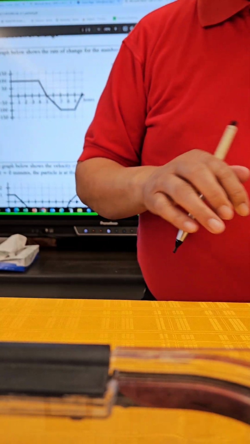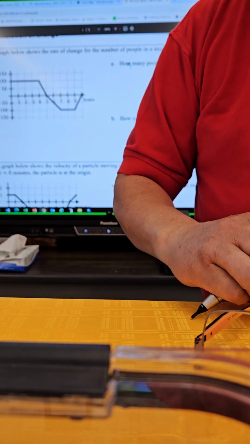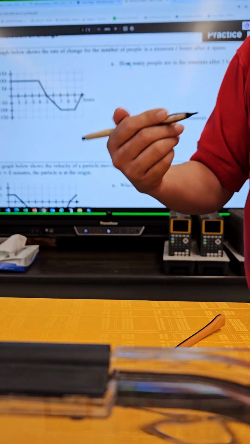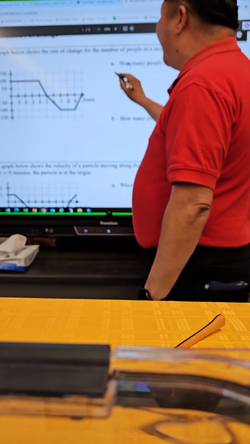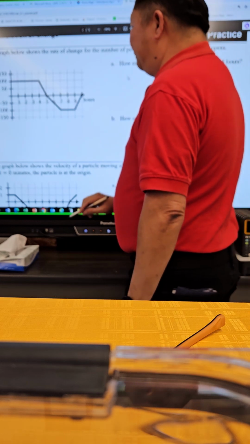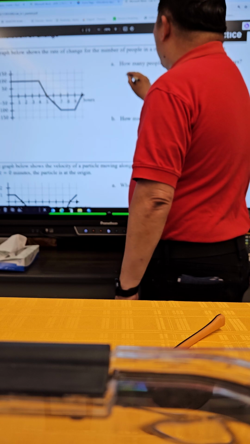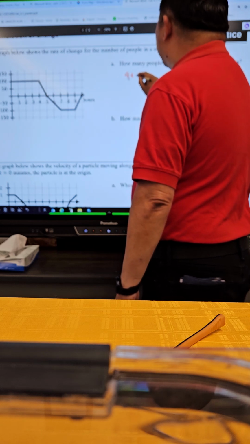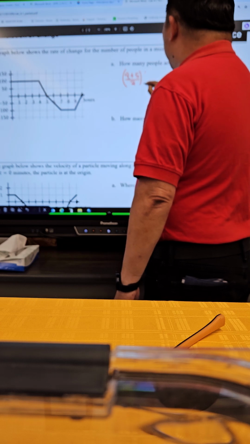After 5 hours, there are how many people? 450 people after 5 hours. Where did we get 450? We have base 1, which is 4, plus base 2, which is 5, over 2, times the height, which is 100.